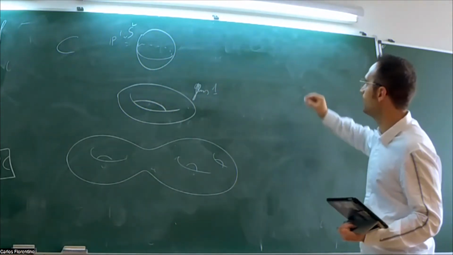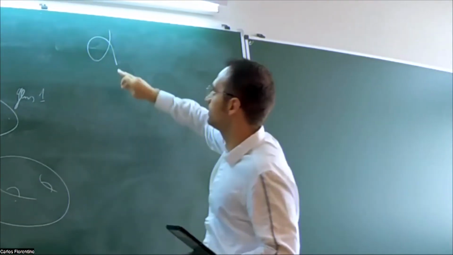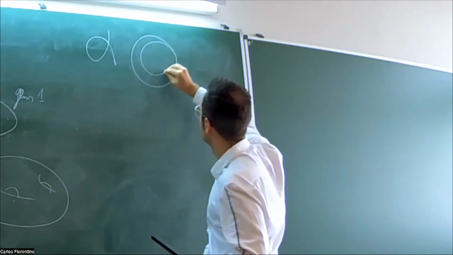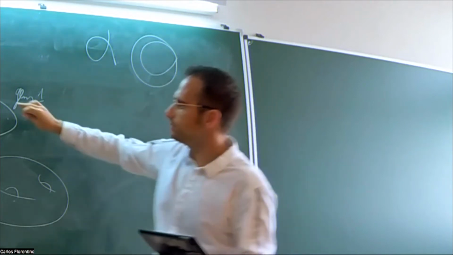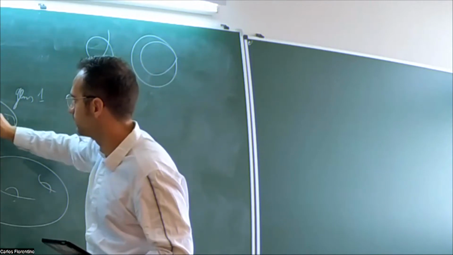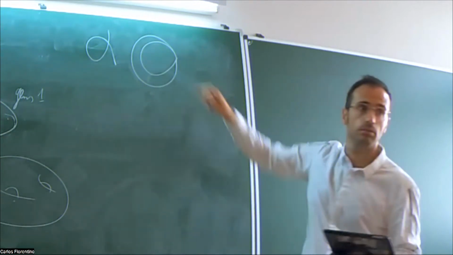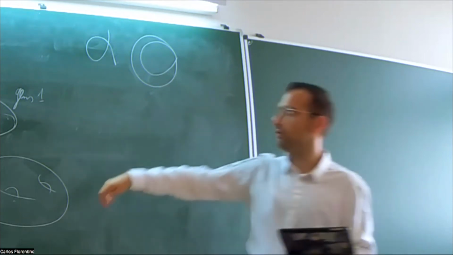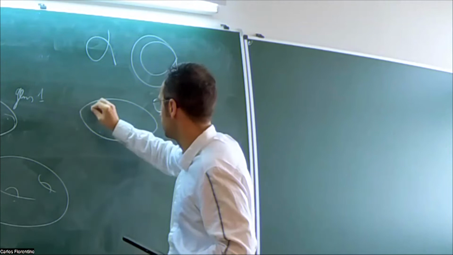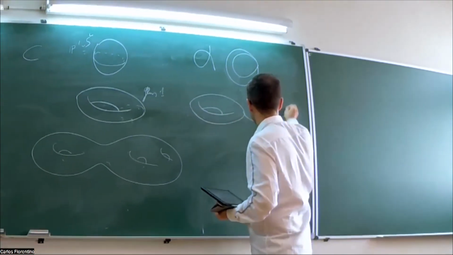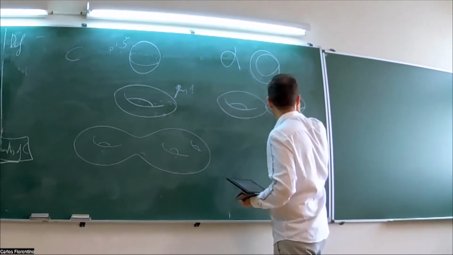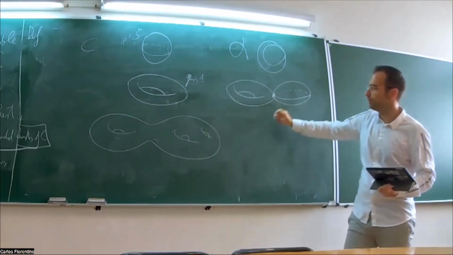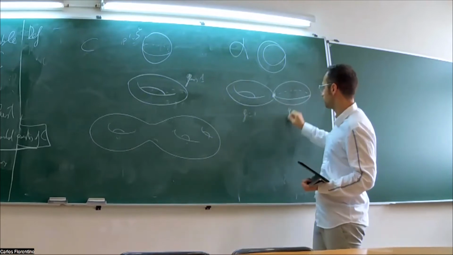So, for example, it can be this, which topologically is this one, when we contract a circle. It can be the gluing of this one. Two components glued at a point, where this is of genus 1 and this is of genus 0.